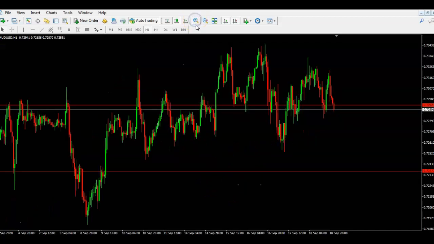Let me make it a little bigger. We have small retracements here or pullbacks, but the same idea, right?